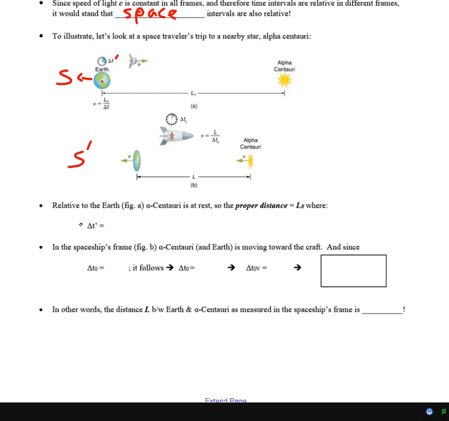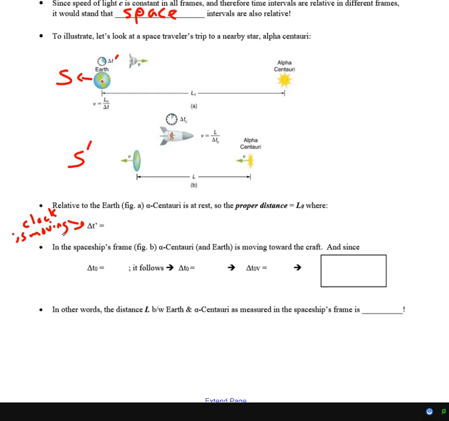The reason is that the clock on the ship is what's moving, and we're trying to measure how much time is ticking off on their clock as measured by us here on Earth.